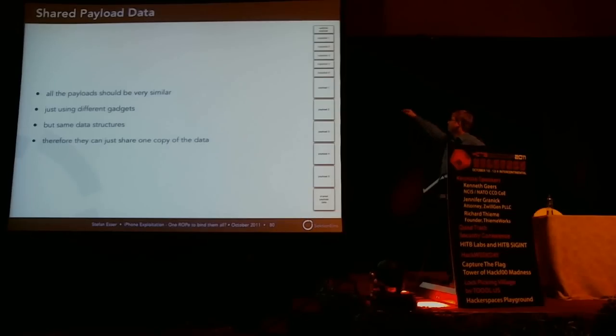Because once you are executing payload 1, 2, 3, 4, and 5, you are in a known location, so you can make the ROP payload a little bit easier, because you know exactly where what data element is on the stack, and then you can address it directly. You can change the parameters of the next function call by writing to the next parameter, because you know exactly the address. So this is a lot easier. And so you can always reference the shared payload data.